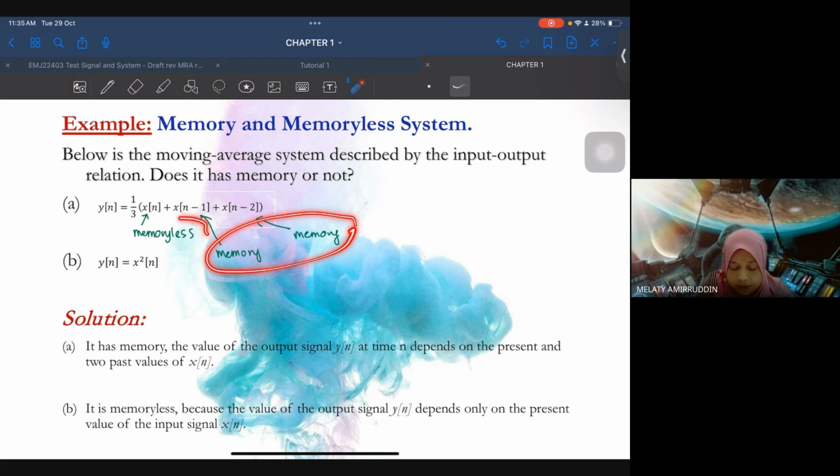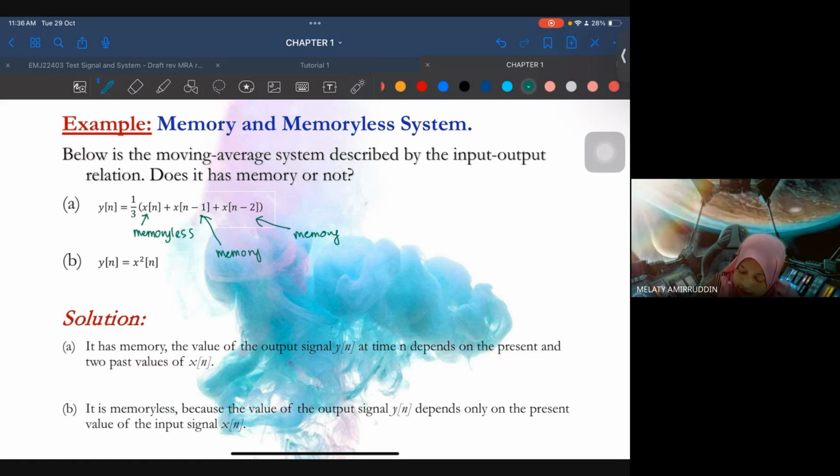Compared to memoryless, we can just remove memoryless. It is actually a memory system. It has memory, so the value of the output signal depends on the present and past values. The present is x[n]. The past values are x[n-1] and x[n-2].